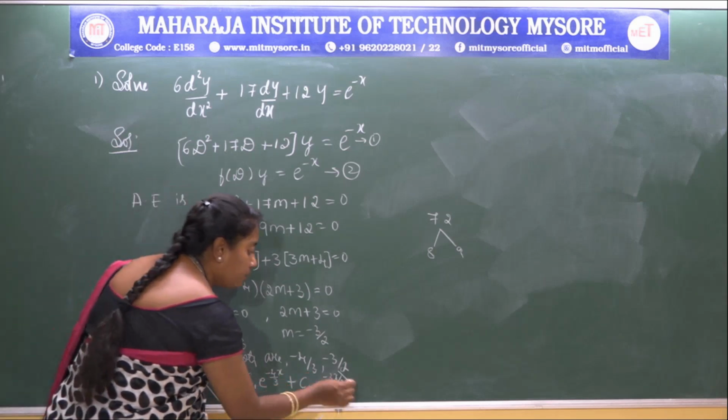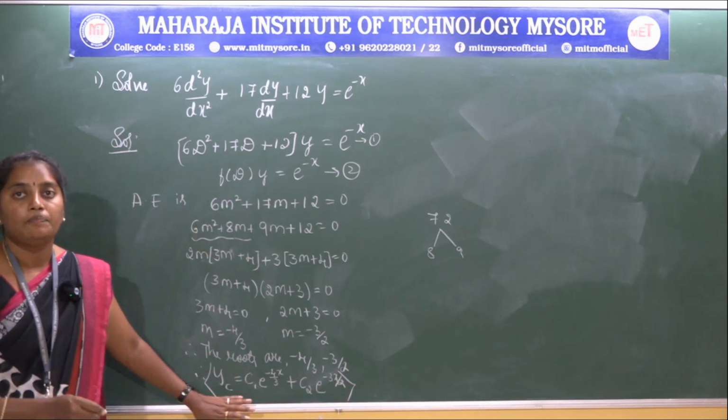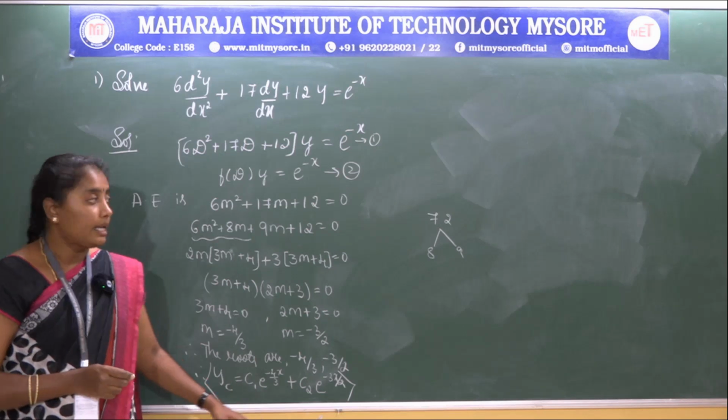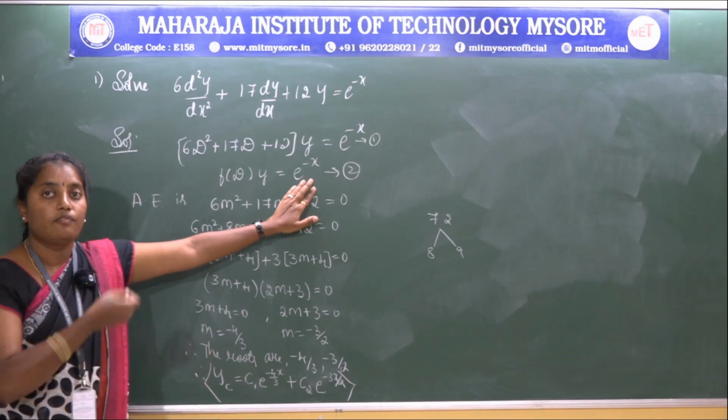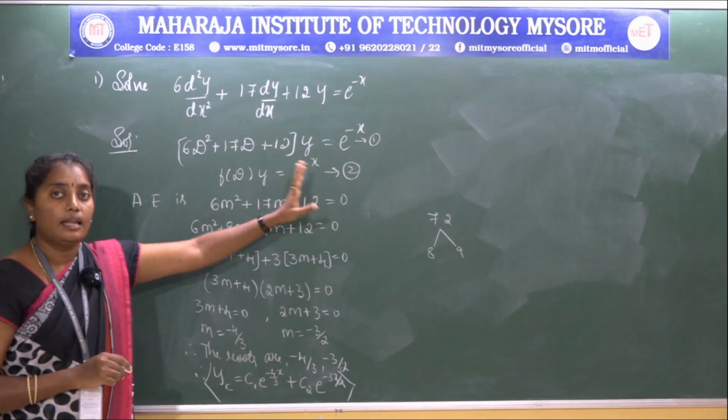So that completes the first part, finding the complementary function. Next, to find the particular integral, that is based on the nature of the phi of x function, that is the RHS function.